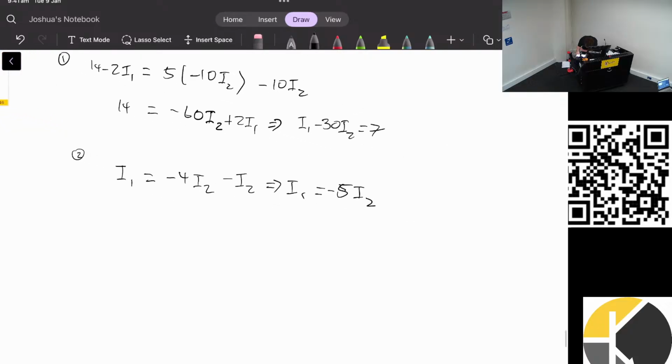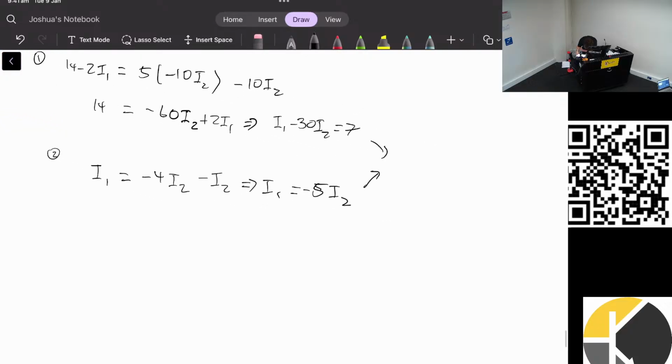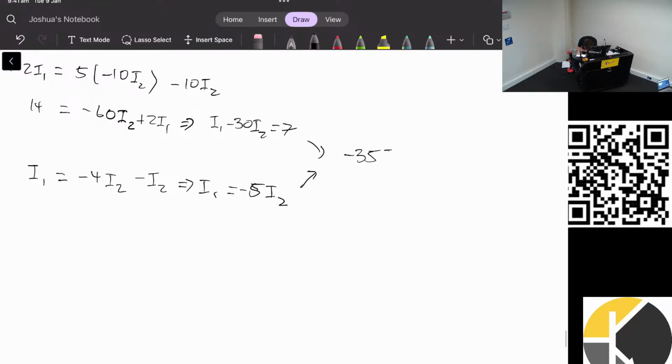If we sub these together, we're going to end up getting minus 35 I2 equals 7, which is I2 equals minus 1 on 5 equals minus 0.2 amps.